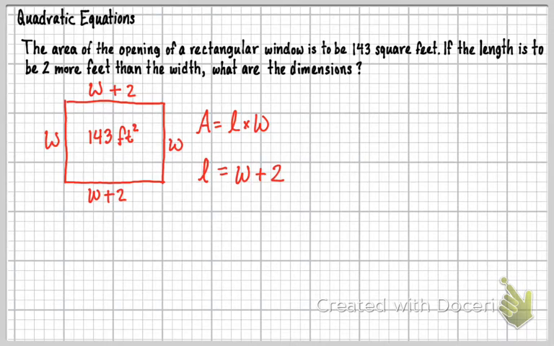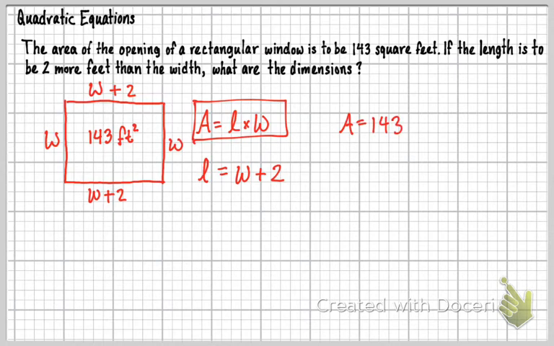So now what we're going to do is think about what we're looking at here. So remember, we're finding area. We're not really finding area. We know what the area is. The area is 143 square feet. So what that tells me then is my A equals 143.